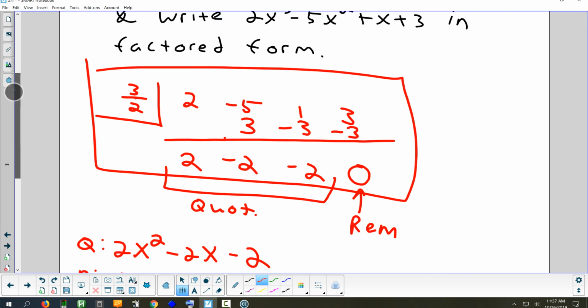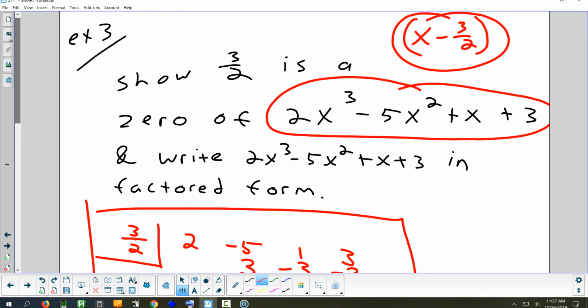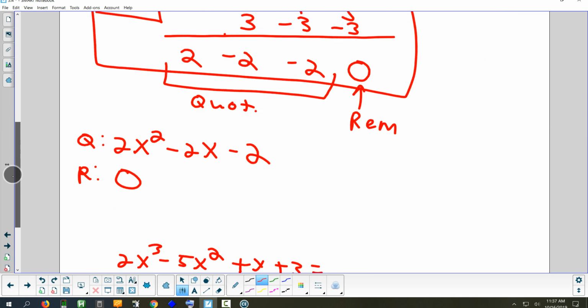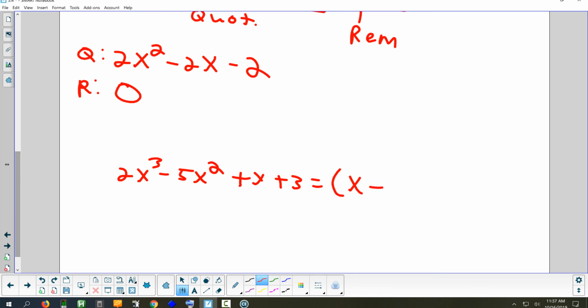What did we just prove as a factor? 3 over 2 is a root, or x minus 3 over 2 is a factor. So if you were going to factor this, there's one of the factors. The other factor would be your what?